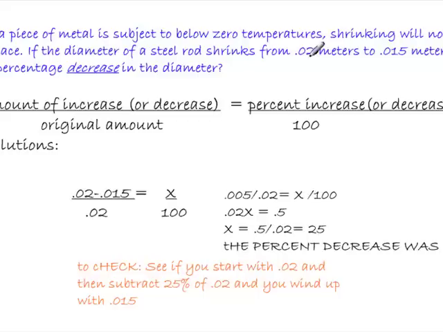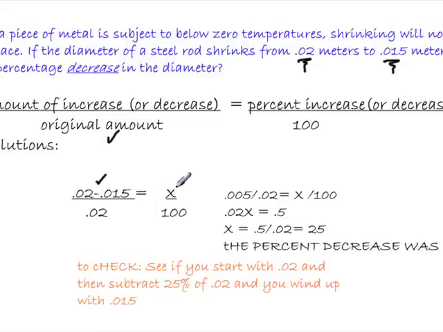This time we're starting with the diameter of a rod, which is 0.02, and it's shrinking to 0.015 meters. So in order to find out what the difference is, it starts from 0.02, so I'll take 0.02, subtract 0.015, and we're going to divide that by the original amount. What is the original amount? It's 0.02 meters. The meters in the numerator and the denominator cancel out.